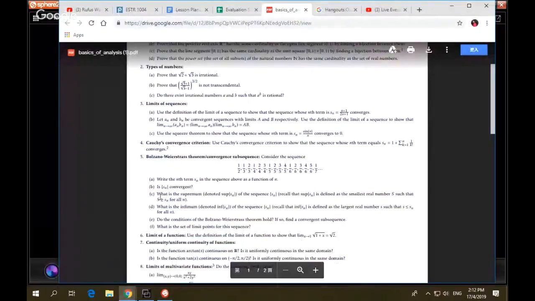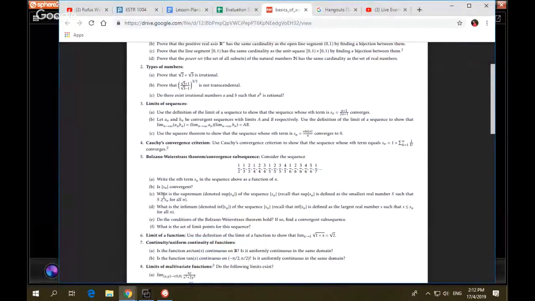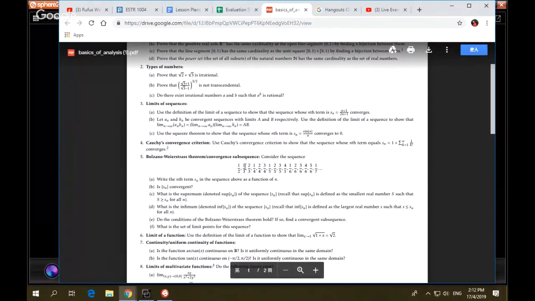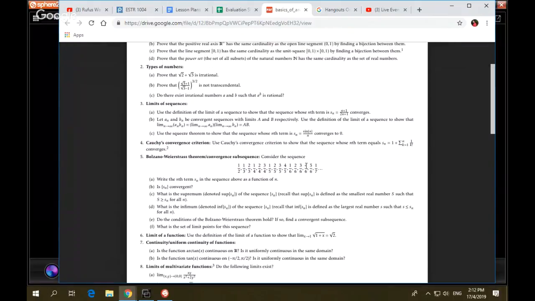In fact, just by what we already discussed, we can show that the supremum is 1 and the infimum is 0. So why is the supremum 1? Well, if you look at all the elements in this set over here, the numerator is always less than the denominator. So the supremum cannot be larger than 1, right?